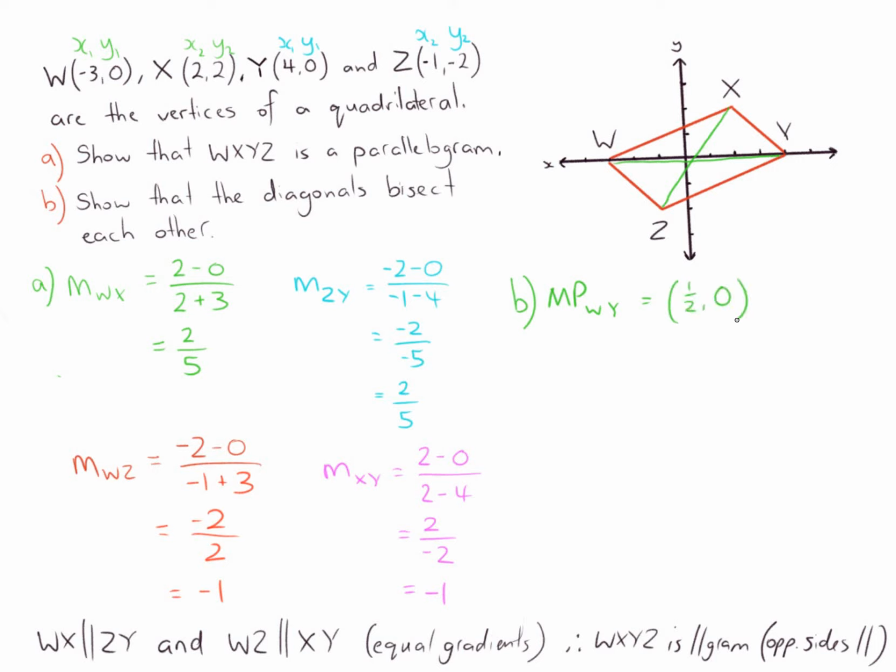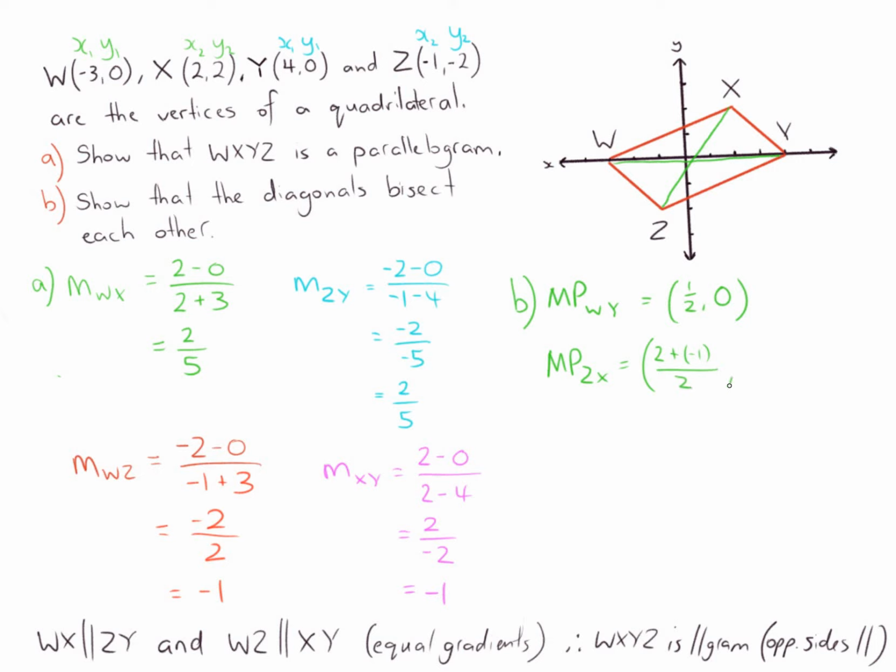But we also need to show that that's the same midpoint for ZX. So, using our midpoint formula, where we add the x-coordinates together and divide by 2, we get 2 plus negative 1 over 2.